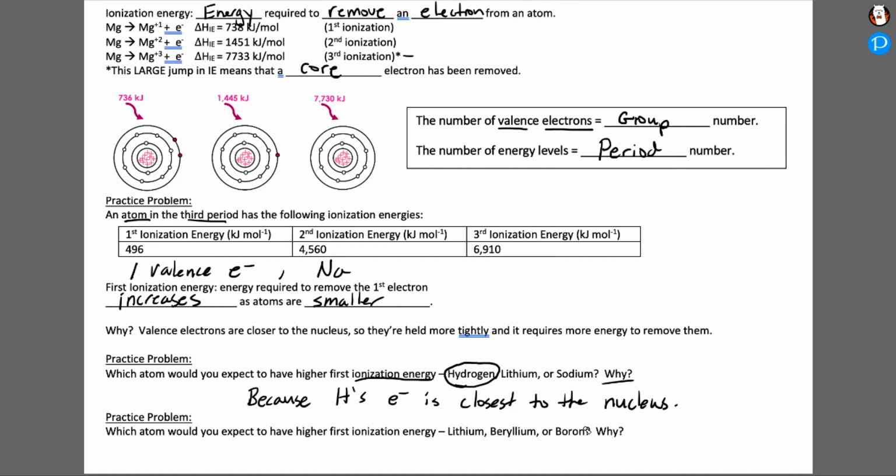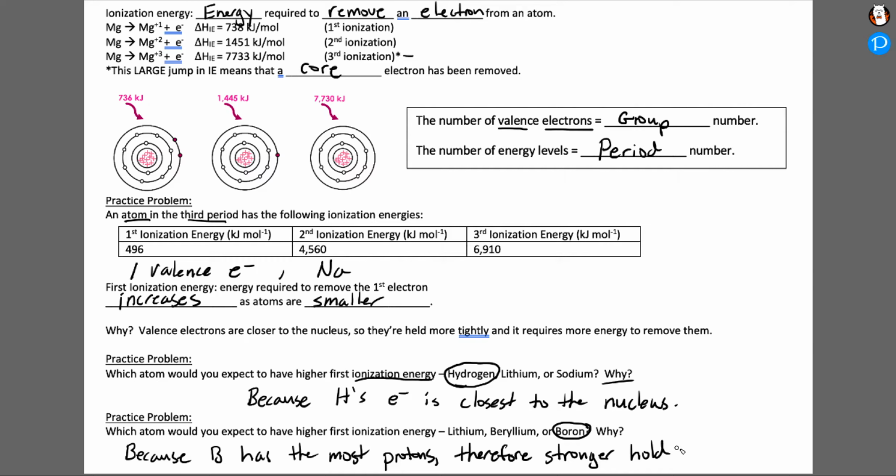So we could say that boron, because boron has the most protons, therefore has a stronger hold on electrons. And so out of those three, it's going to have the higher ionization energy, or more energy is needed to pull those electrons away.